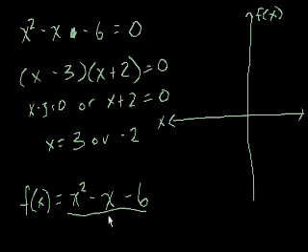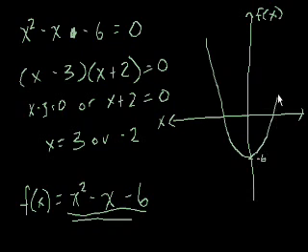If I were to graph this equation, it'll look something like this. This is f of x equals minus 6. The graph will go up, and keep going up in that direction. And I know it goes through minus 6 because when x equals 0, f of x is equal to minus 6. So I know it goes through this point.